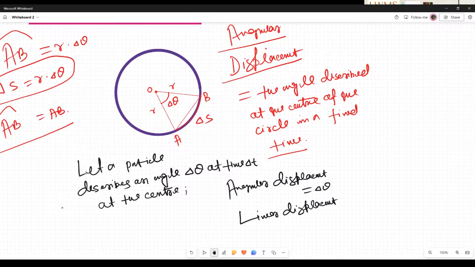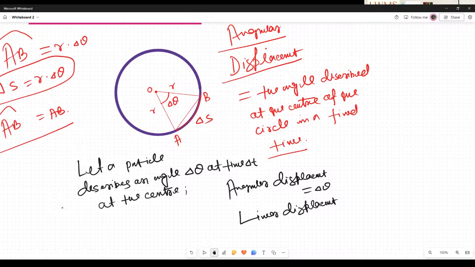Okay, some confusing situation will arise here. I will be referring to AB as displacement, not distance. Displacement is chord AB, distance is arc AB. And what is the direction of that displacement? And what will be the direction of the velocity it has? In circular motion also it has velocity. What is the direction of that velocity?